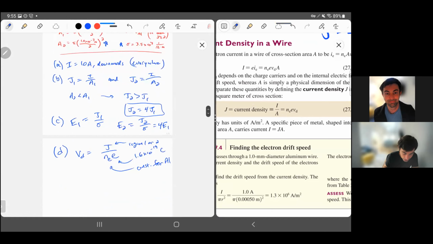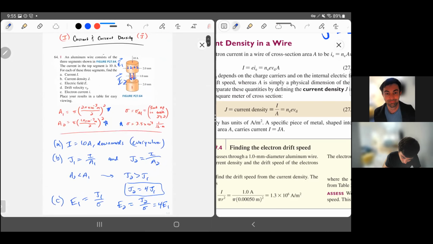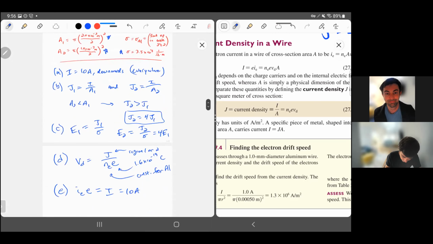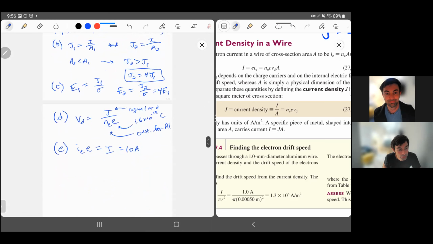And for electron current I sub e, remember, this was the number of electrons per second going through a whole cross section. We just need to multiply by the charge of an electron to get the total current, and this is a constant 10 amps here. So it looks like I sub e is the same everywhere in this problem.